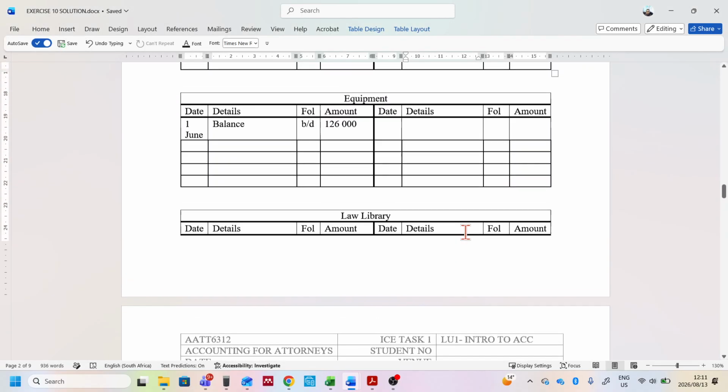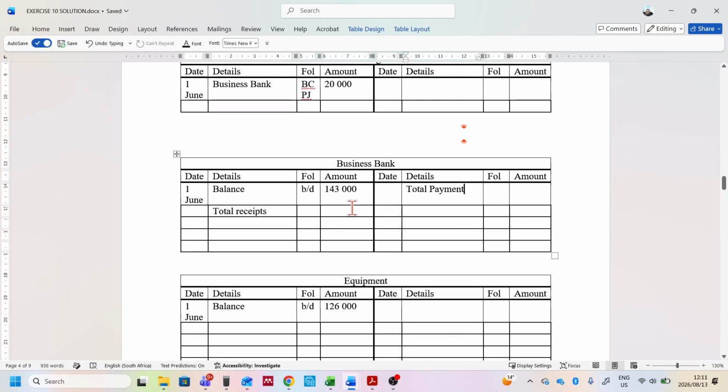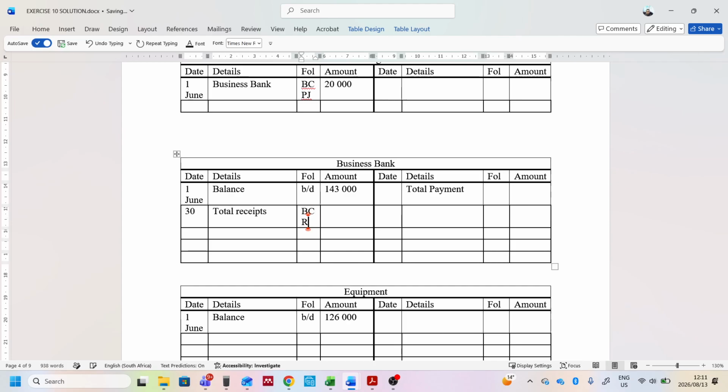So this means that now you'll go to your business bank and indicate that on the 30th, we had total receipts, which is recorded in which book? Business cash receipts journal, of 134,990.